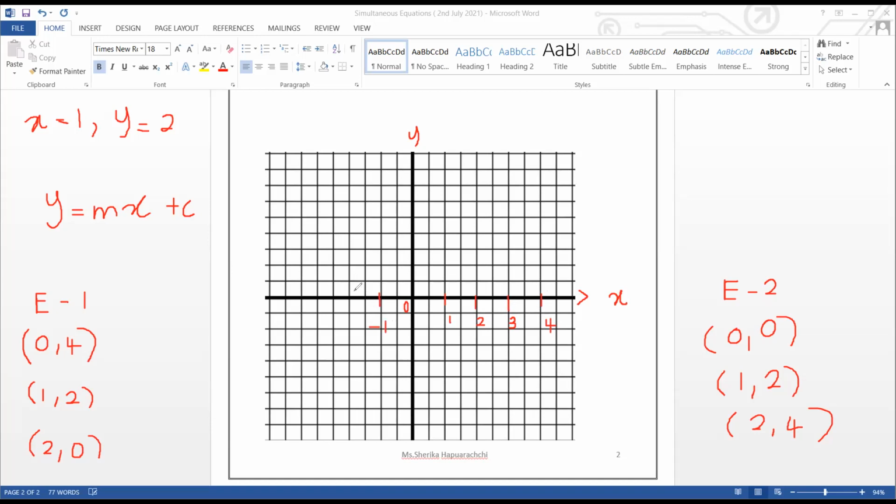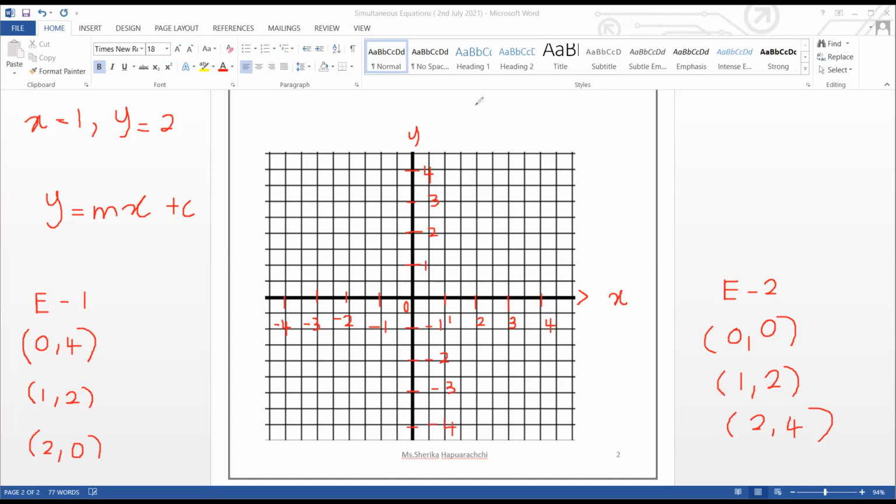This side is -1, -2, -3, -4. Then the y-axis 1, 2, 3, and -1, -2, -3, and -4, right?